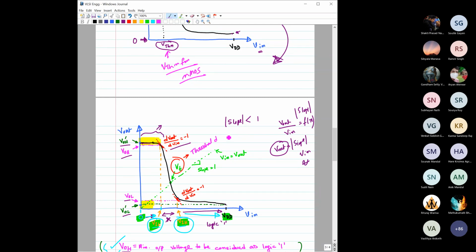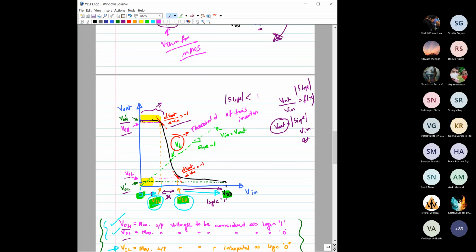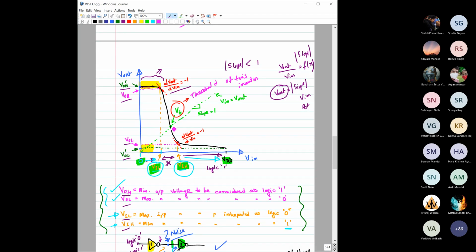Threshold of this inverter. That means ideally, if you give any voltage below this threshold voltage as an input, then you are expected to get an output which is logic 1. Again, I am repeating, this is the threshold voltage for this inverter, and a threshold can be defined for any logic gate.